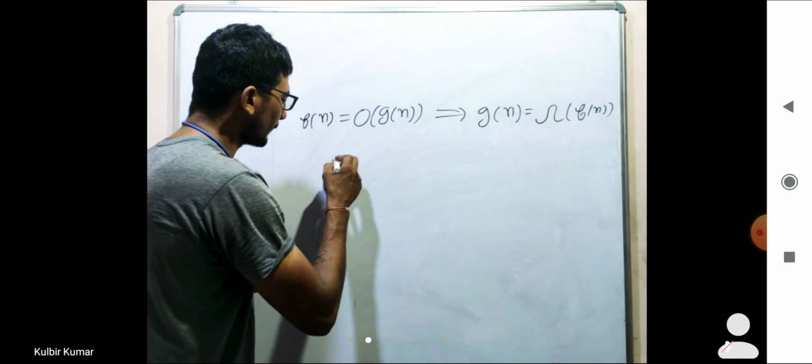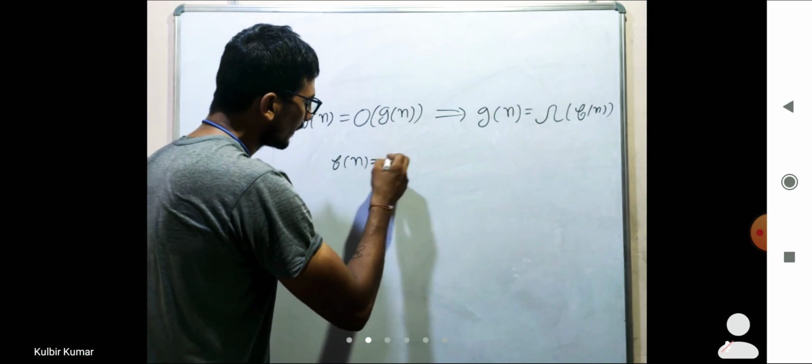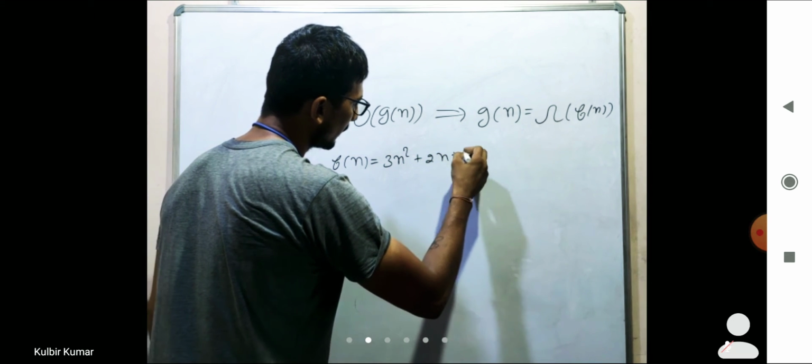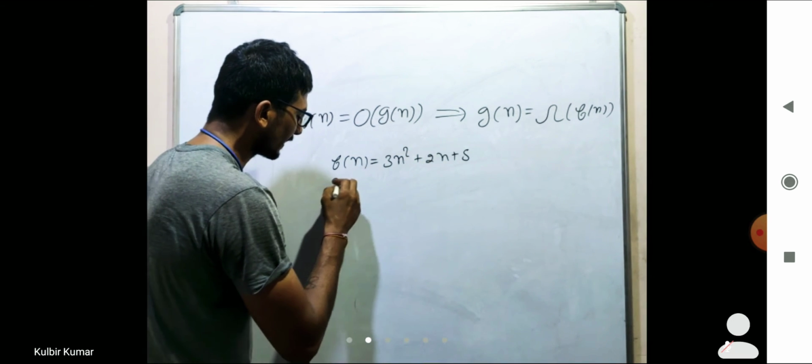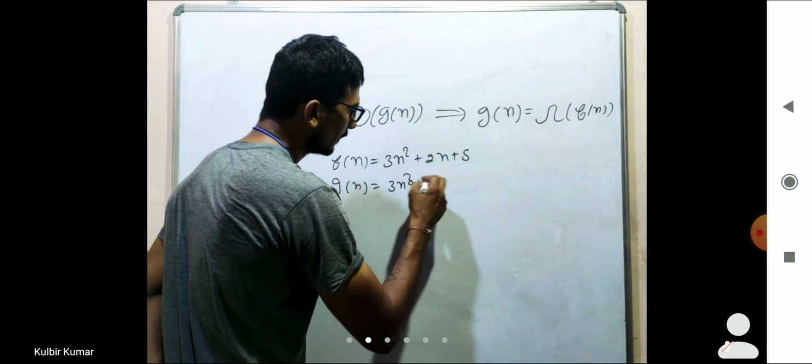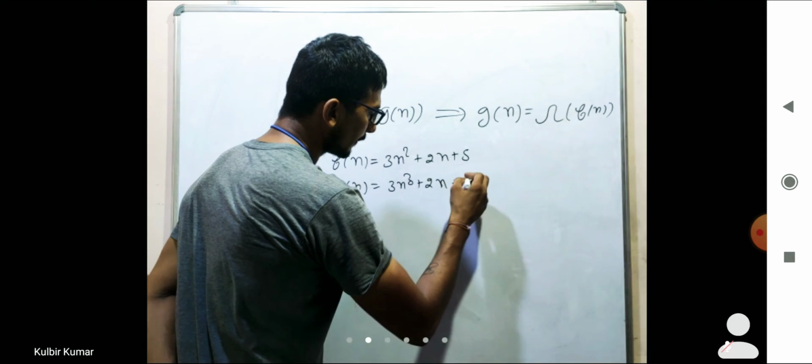Function f of n is given, it is 3n square plus 2n plus 5, and the second function g of n is 3n cube plus 2n plus 50.